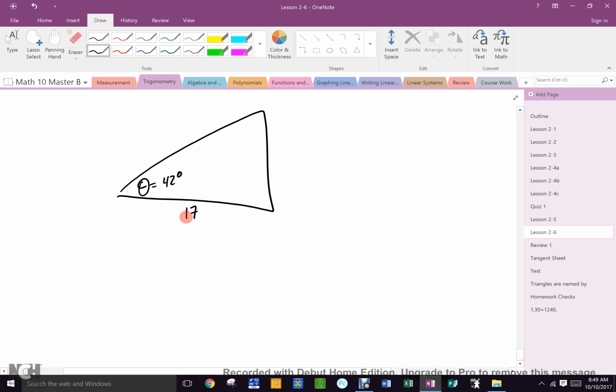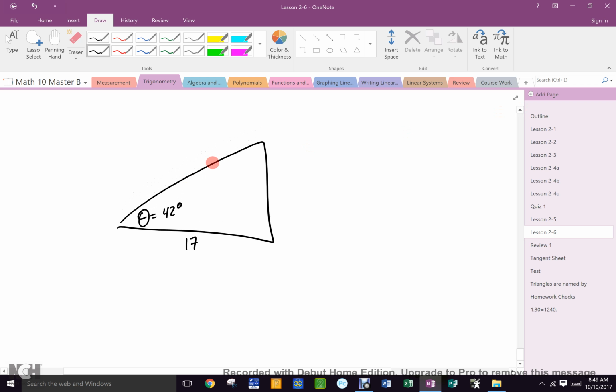I can use that to find all the other sides, yes? Once I have all the other sides, can I not then draw other triangles off of those sides? And then use that information to work with those triangles. Does everybody understand? Okay.